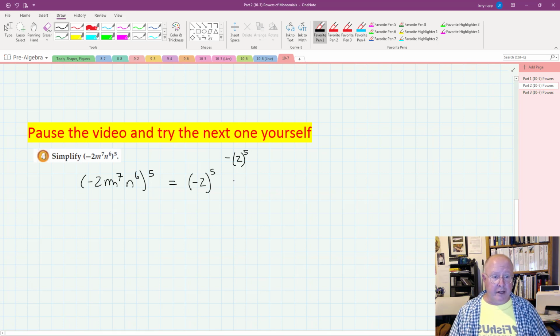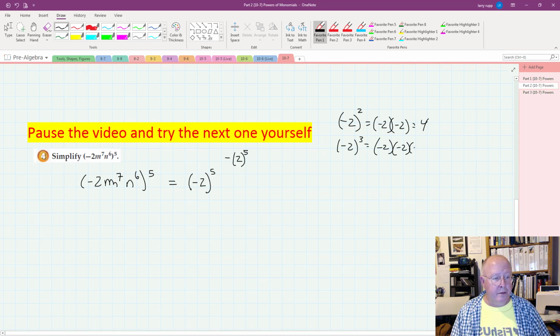Let's diverge for a second and cover this. If you had negative 2 and you squared that, that would become negative 2 times negative 2, or a positive 4. If you had negative 2 raised to the 3rd power, you'd have negative 2 times negative 2 times negative 2. Negative 2 times negative 2 would be positive 4, but then times negative 2 gives you negative 8.